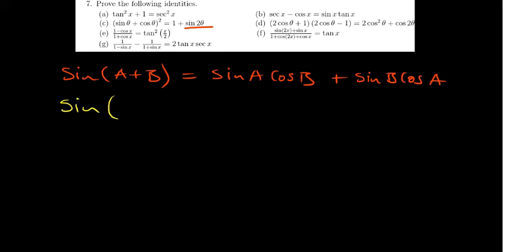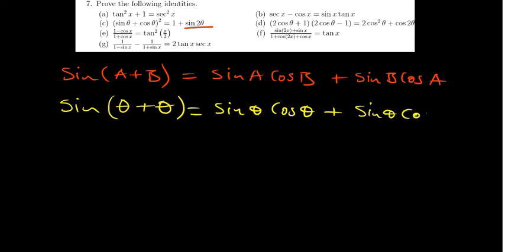So we can take 2 theta as theta plus theta. So that would mean that you're going to have sine theta, cosine theta, and again sine theta and cosine theta. So that gives us 2 sine theta cosine theta.